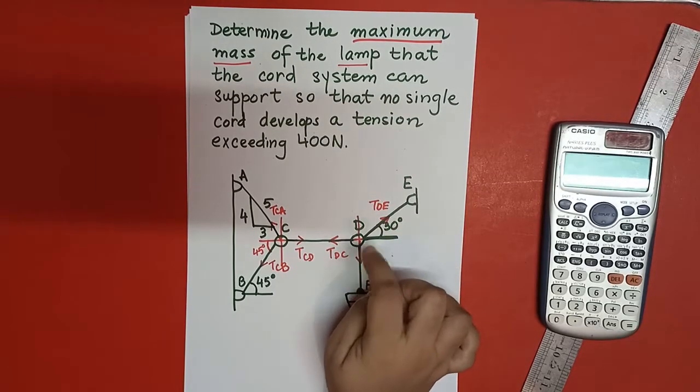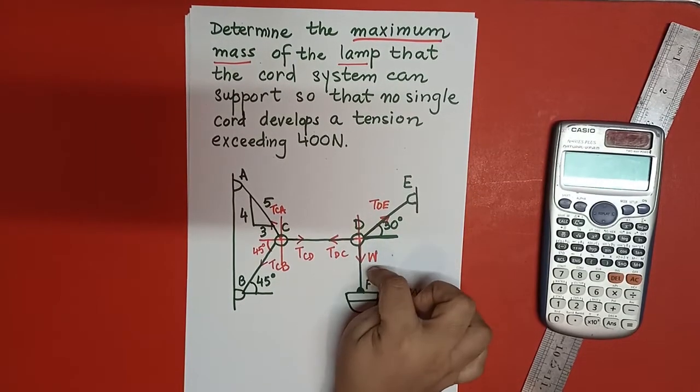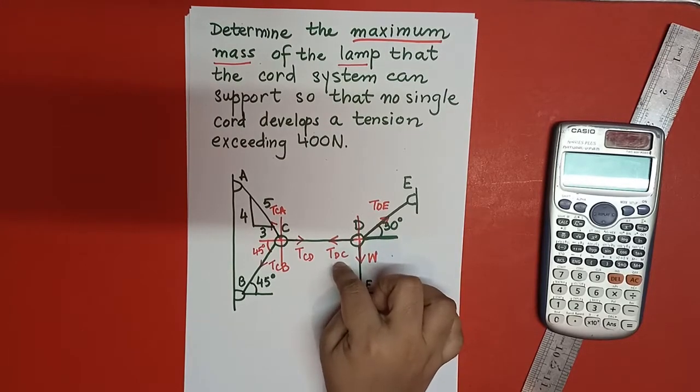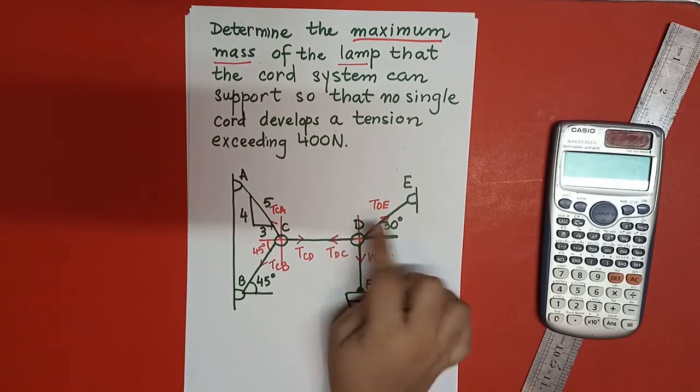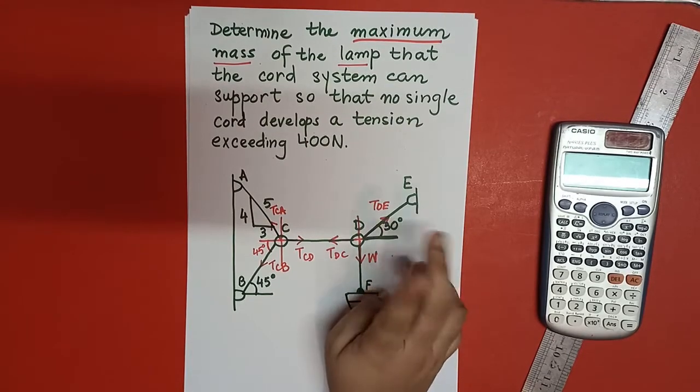Then two unknowns will be left, TDC and W. That's why I will not take TDC equal to 400 Newton, because it is only one force, and TDE will resolve into its two components.